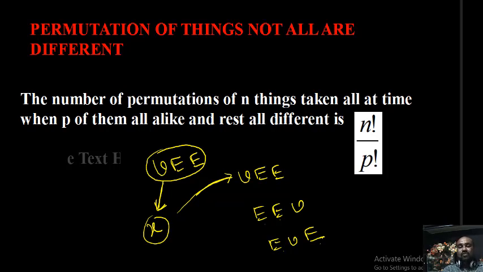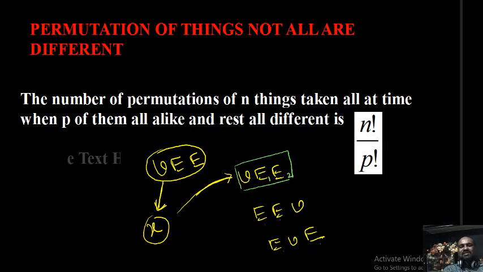So do one thing. Treat those 2 E's as 2 different E's, say E1 and E2, that is, remove those 2 like E's and replace them by 2 unlike letters, say E1 and E2.